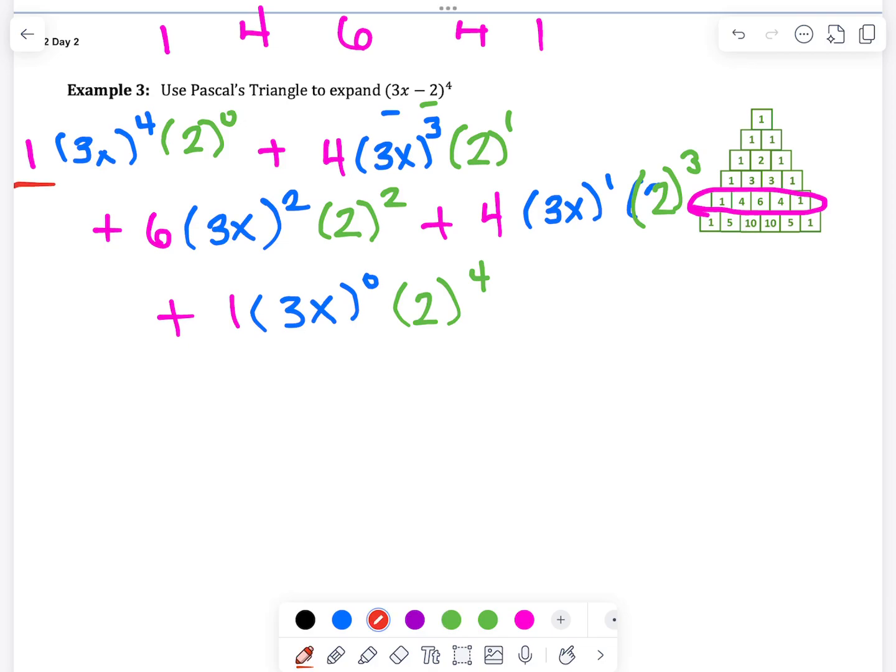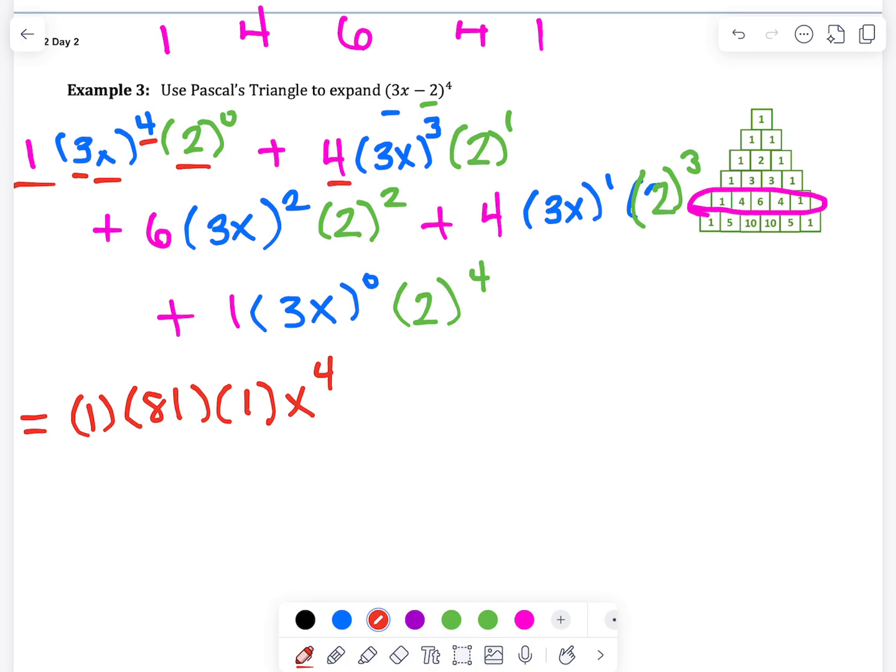So we have 1, and then 3 to the 4th power is 81. 2 to the 0 power is 1. And then x to the 4th power is x to the 4th.